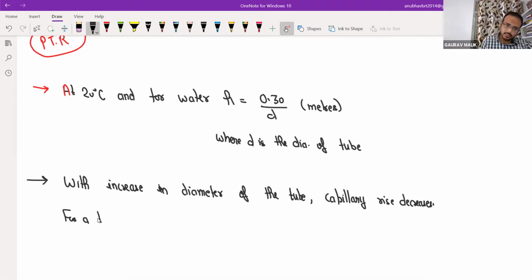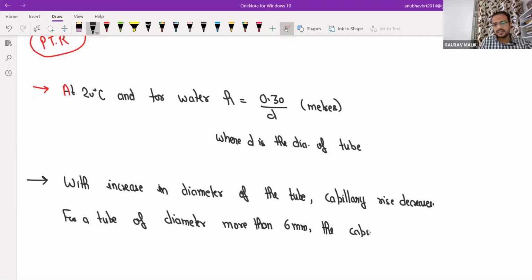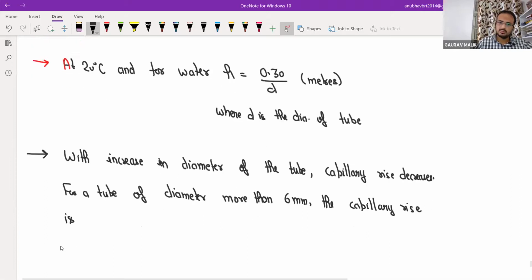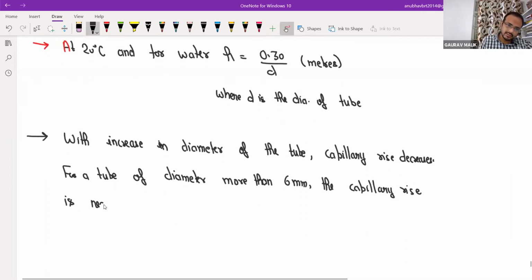And for a tube of diameter more than 6 millimeter, the capillary rise is negligible. All these are very fundamental points.